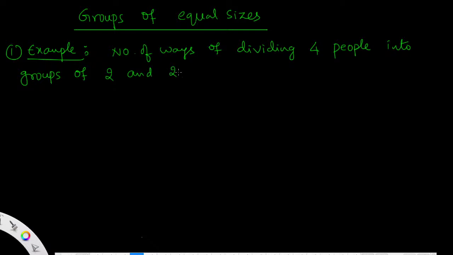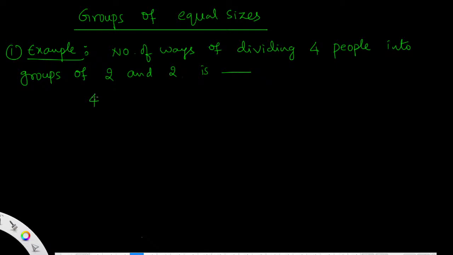In the previous problem, we found the number of ways of dividing 4 people into unequal sizes, 3 and 2, let it be 5, 3, 2. But for groups of equal sizes, how many ways are there?